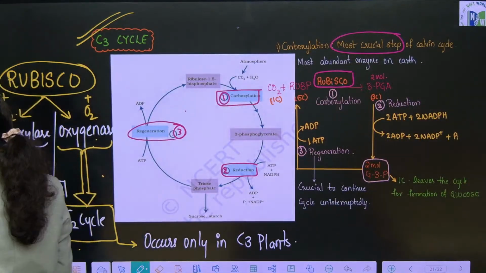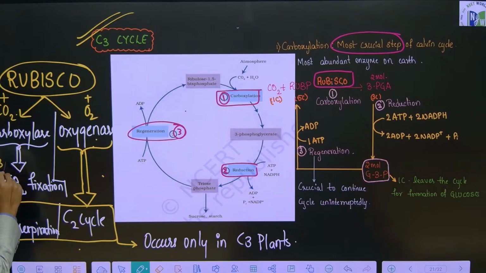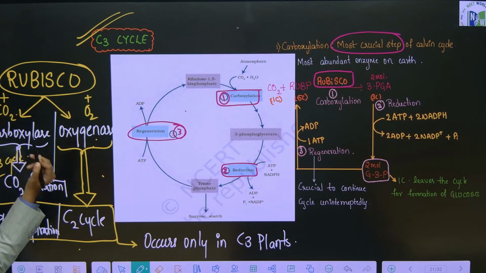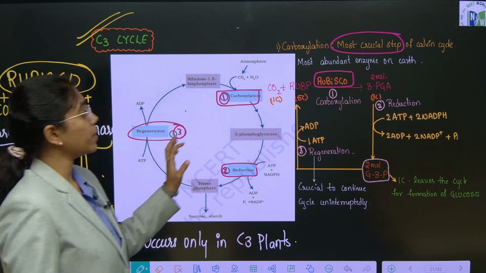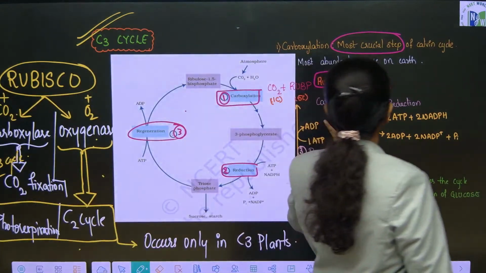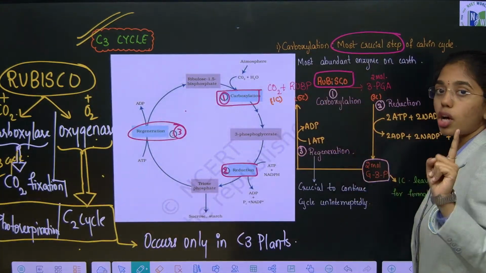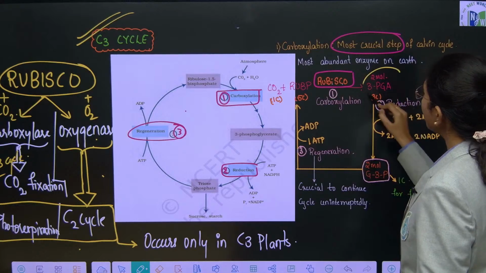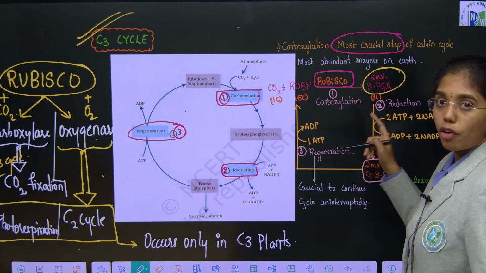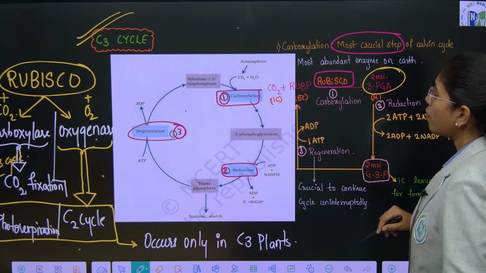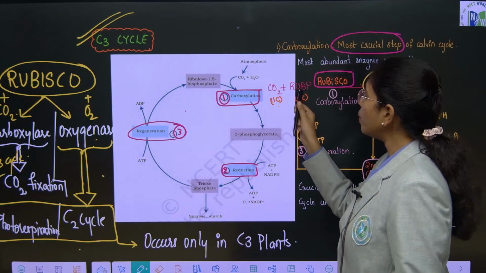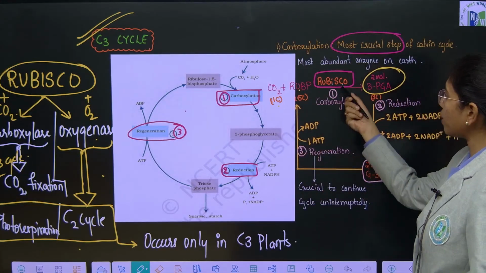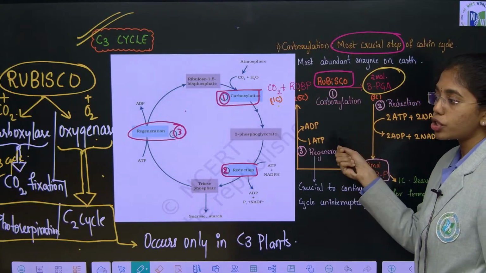C3 cycle. Fine, right. So, you are clear with the 2 activities of Rubisco. After carboxylation, the first organic intermediate which is formed is 3-phosphoglyceric acid.